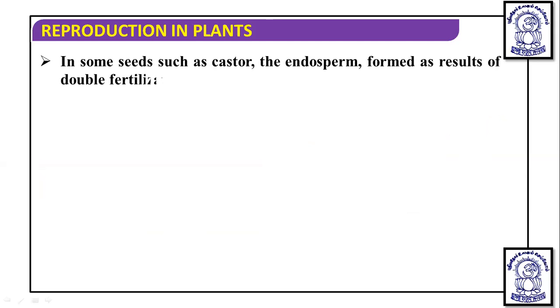Next, in some seeds, such as castor, the endosperm formed as a result of double fertilization is a food storing tissue. Yes, students, we have already studied this. Endosperm is a food storing structure found in the seed.